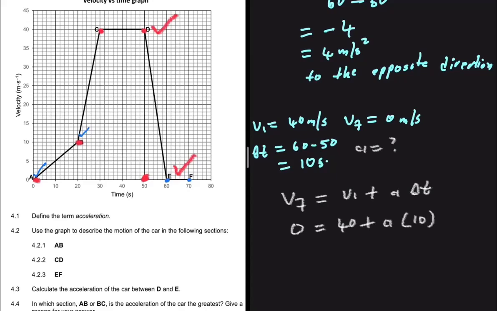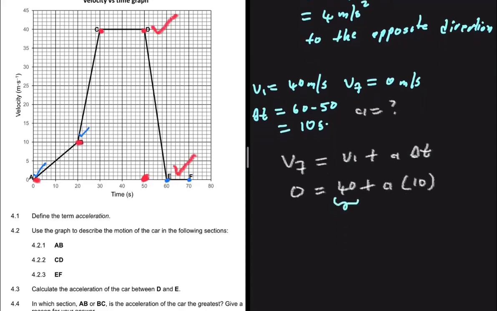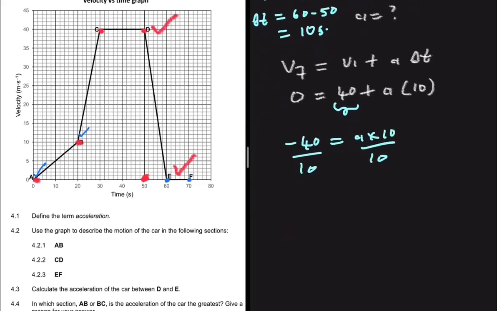If we take 40 to the left hand side, we're going to get minus 40 being equal to a multiplied by 10. We're going to divide both sides by 10. If we do that, we're going to get an acceleration that is equal to minus 4. Again, minus 4 is just the direction. So the acceleration is 4 meters per second squared to the opposite direction.